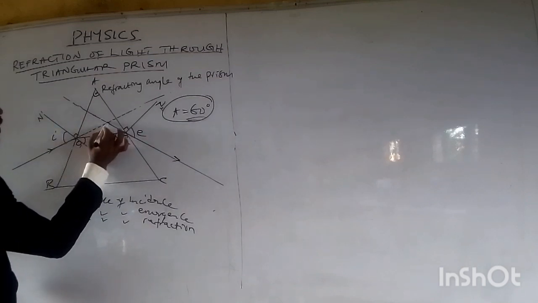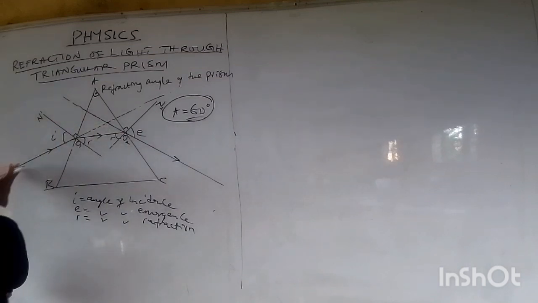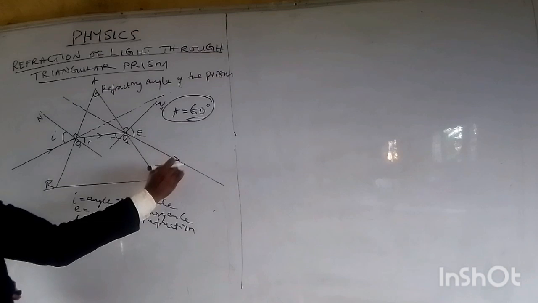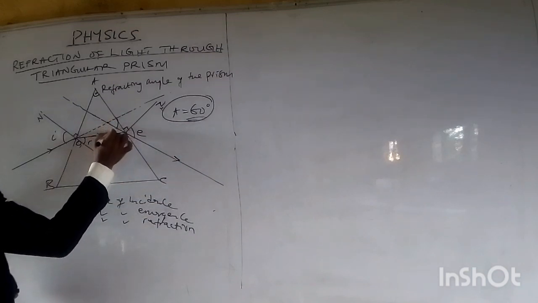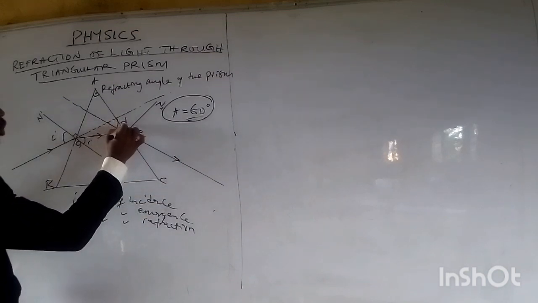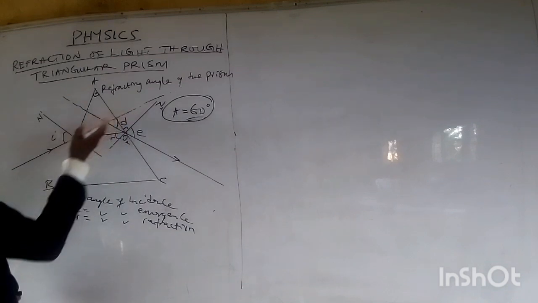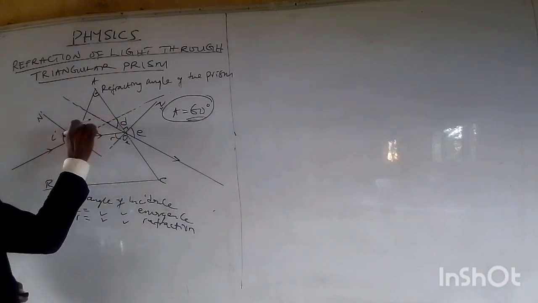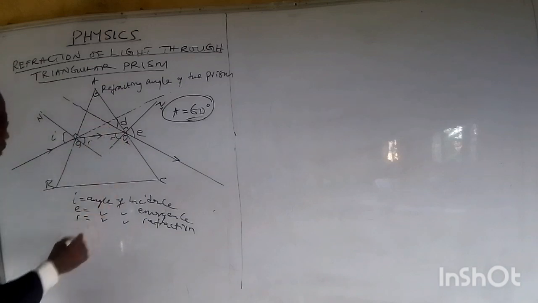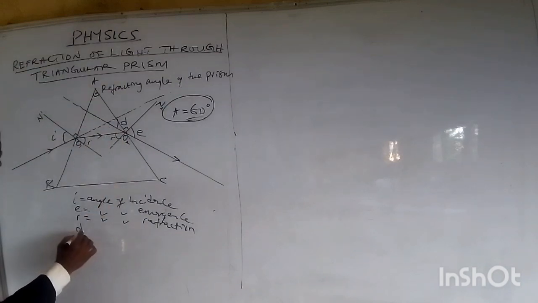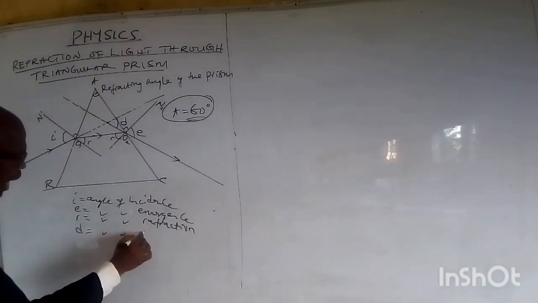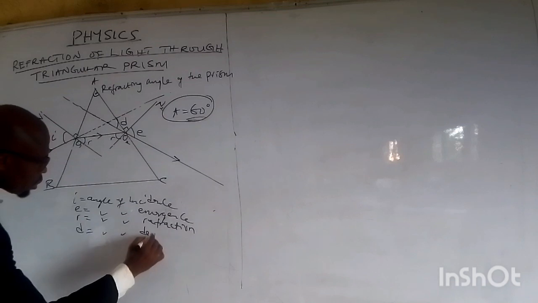At this point of intersection between the original direction and the final direction of the ray, an angle is formed. Here is called the deviation. So this angle between the original direction and the final direction is the deviation. D is the angle of deviation.